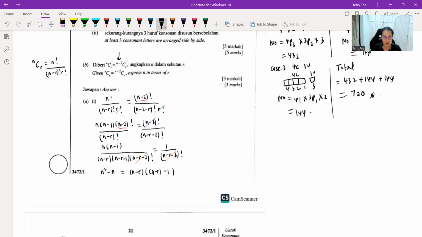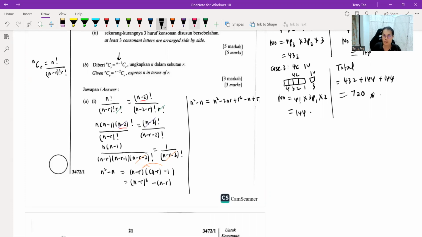Easier to expand. So this will be (n minus r) squared minus (n minus r). When you're multiplying, it's easier to see. Let us simplify n squared minus n. This will be n squared minus 2nr plus r squared, and a minus n plus r.